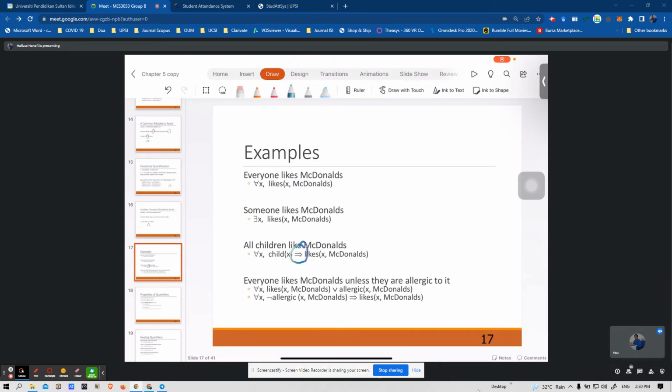For this one you can use the disjunction or the implication. Both are correct. For all x, x likes McDonald's or x is allergic to McDonald's, or you can say x is allergic to McDonald's implies x likes McDonald's.